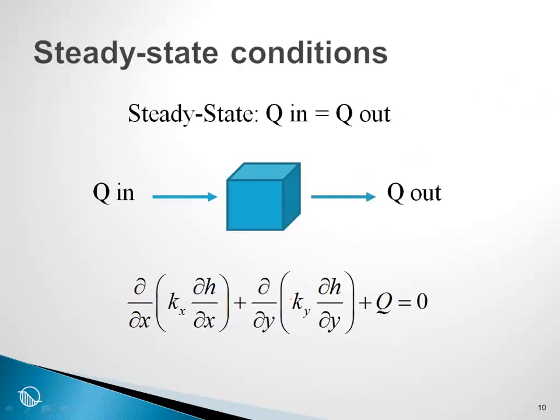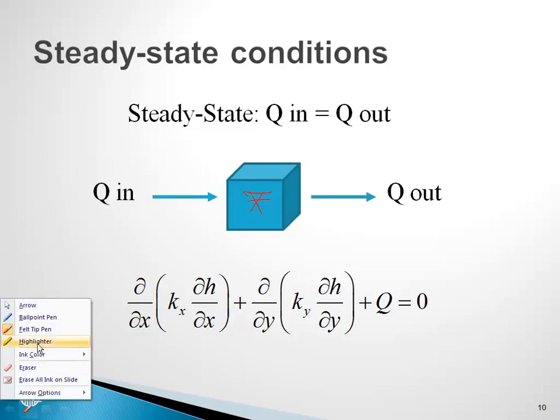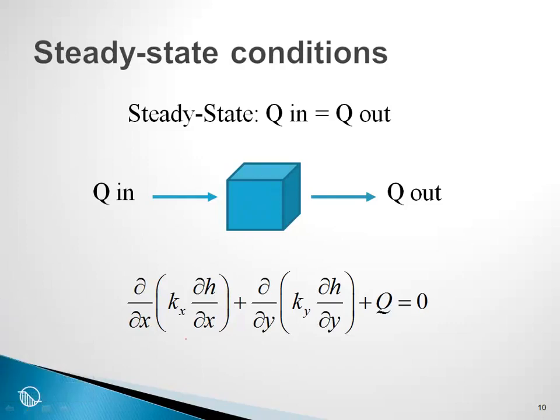As I noted right at the start of this session, we are going to concentrate here on steady state conditions. And what does steady state mean? Steady state means that the flow into an elemental volume of soil, the flow in, is equal to the flow out.